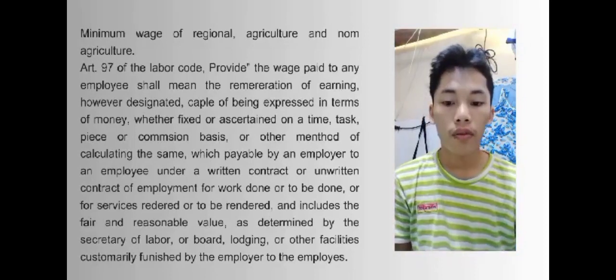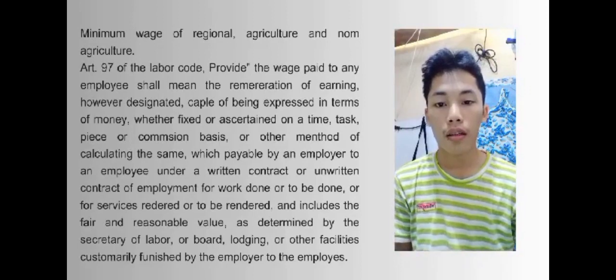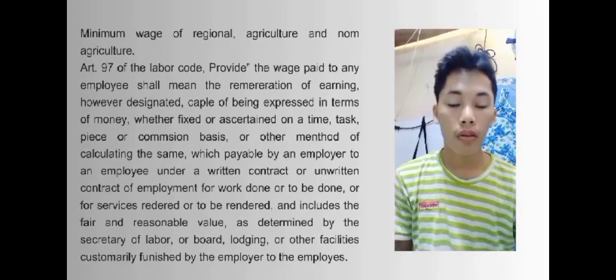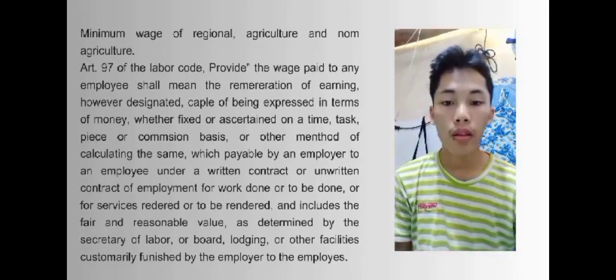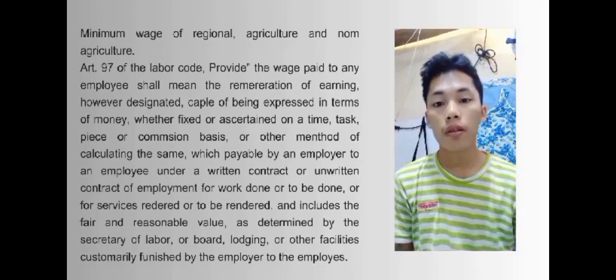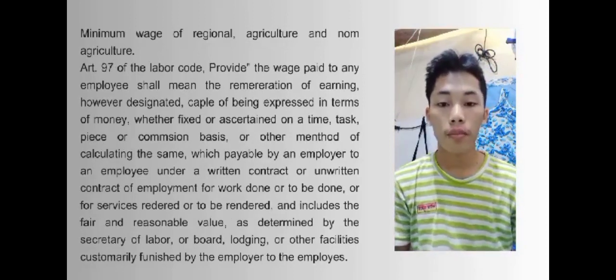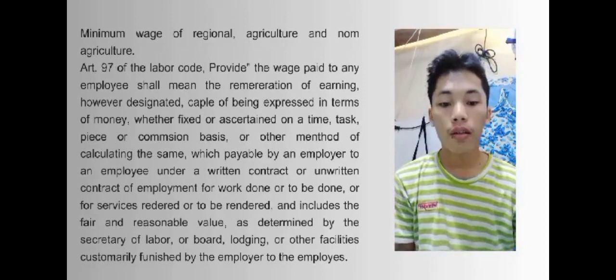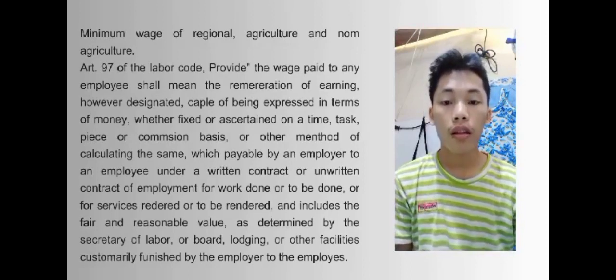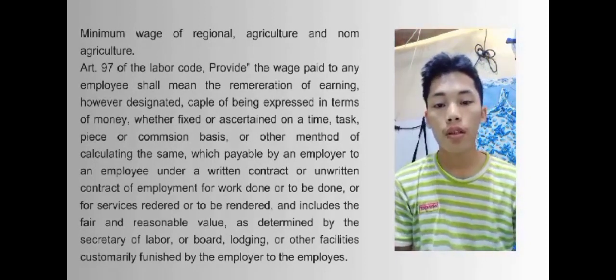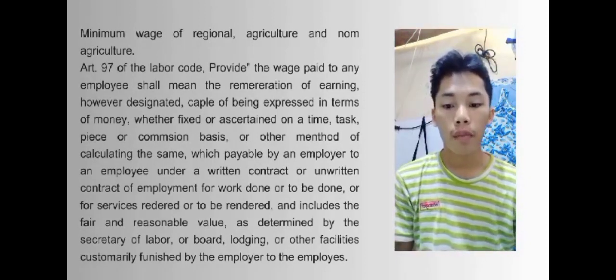So the minimum wage of regional, agricultural, and non-agricultural. Article 97 of the Labor Code provides that the wage paid to any employee shall mean the remuneration or earnings. When we say remuneration, it is the total compensation received by the employee. So it includes base pay, salary, bonuses, commission, and overtime payment.